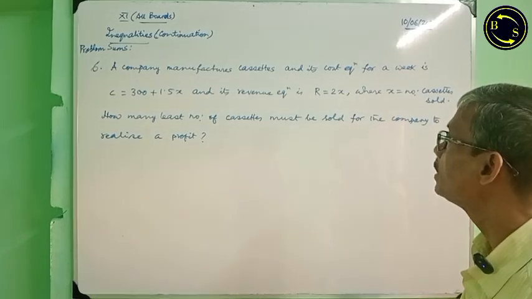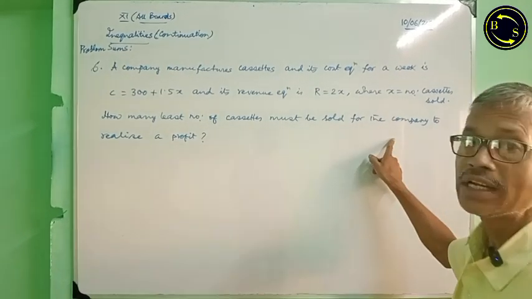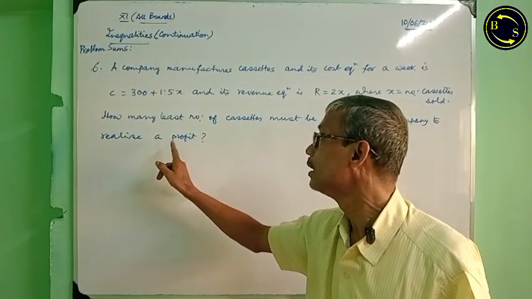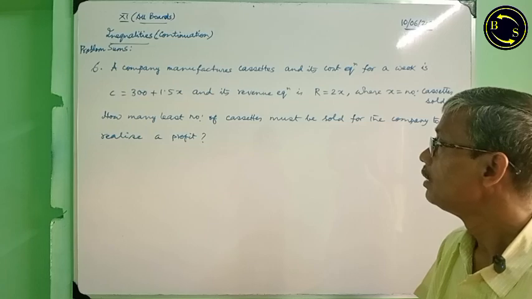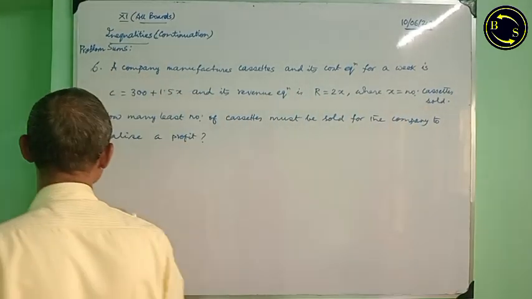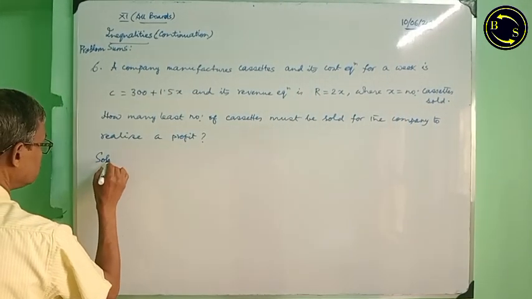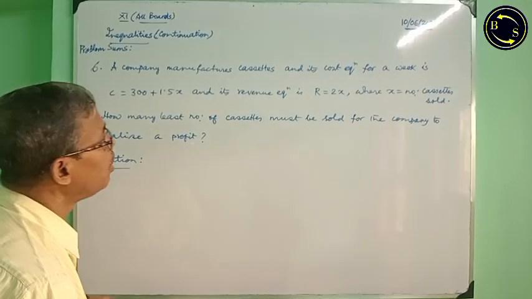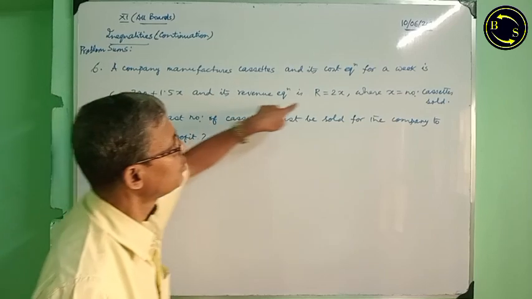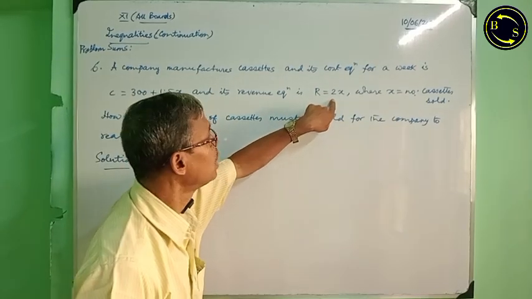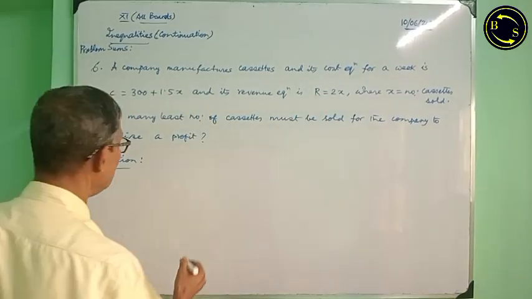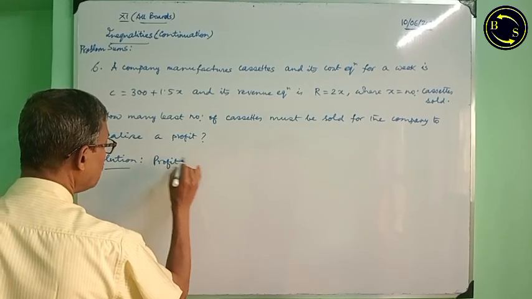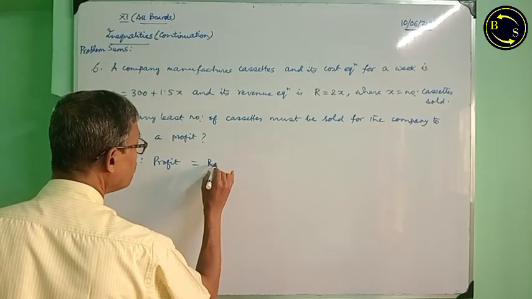Now we have to find the least number of cassettes so that the company may gain. Solution: cost price, and this is selling price actually. Then profit is equal to R minus C.